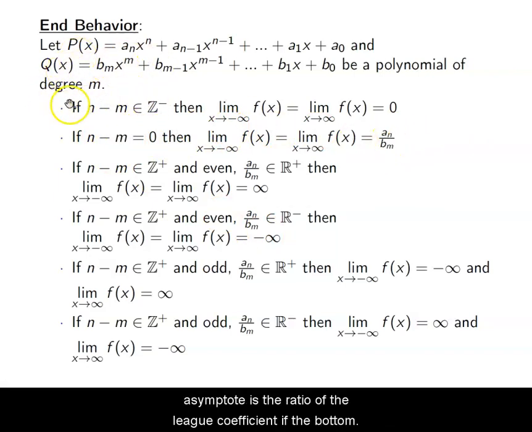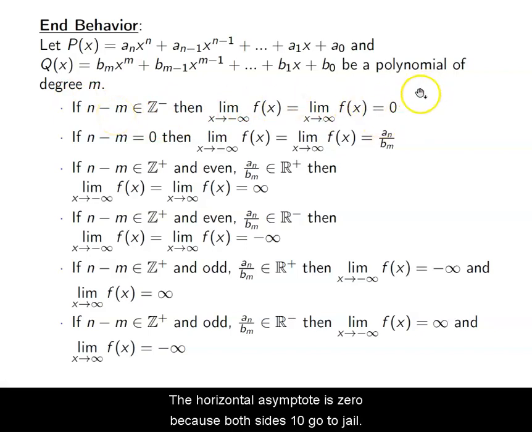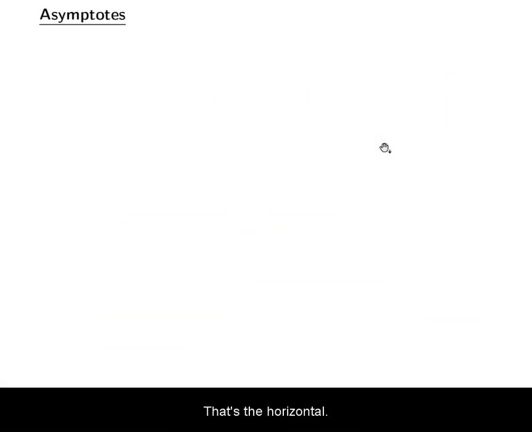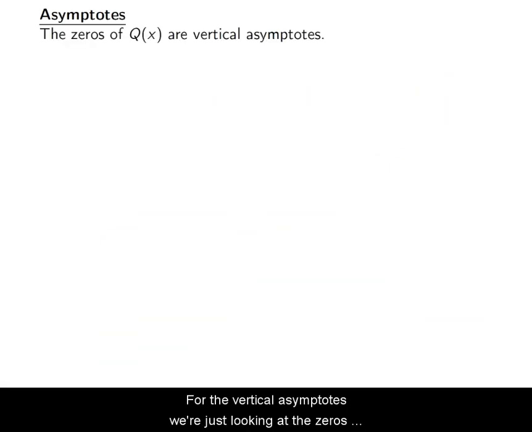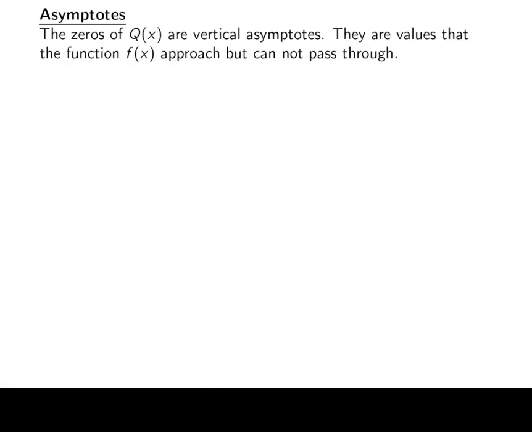If the bottom polynomial dominates the function because it's a higher degree, then the horizontal asymptote is 0 because both sides tend to go to 0. So that's the horizontal. For the vertical asymptotes, we're just looking at the zeros of the bottom polynomial, right? So these are values that our function can approach and get as close to as it needs to, but it can't touch the value and it cannot pass through the value, okay?